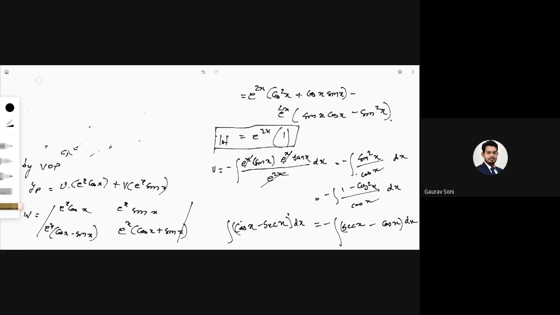So u is equal to integration of cos x is sin x, minus integration of sec x is log of sec x plus tan x. This is your u.